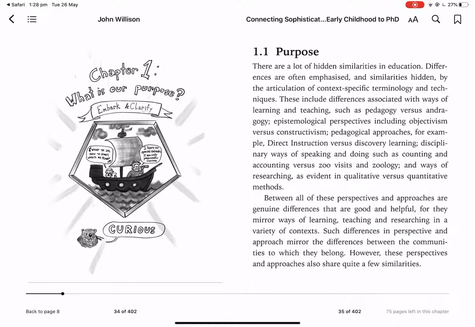And so this chapter obviously both outlines the purpose of the book, but it also outlines the purpose of MELT and the absolute need in education for connecting the things that often look different, where problem solving looks quite different from researching, looks different from evidence-based decision making, looks different from critical thinking.